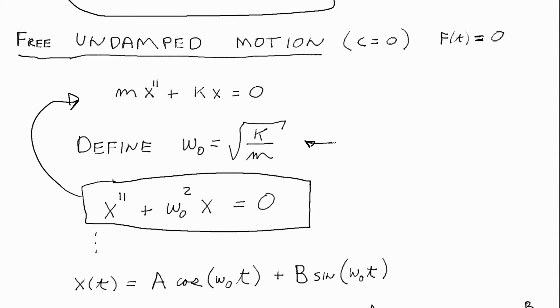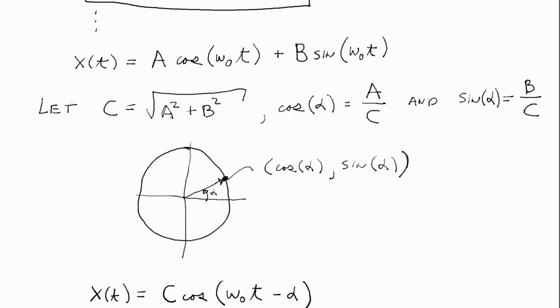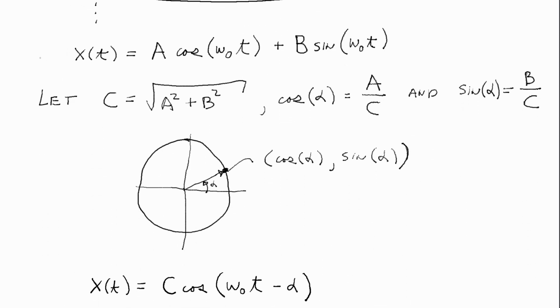All right? And then using techniques that we've studied, the solution is given by this expression here, where x of t is some constant a times the cosine of omega 0 t plus b times the sine of omega 0 t. To study the dynamics of this, we usually let c be the square root of a squared plus b squared, and we define the cosine of alpha to be a divided by c, and the sine of alpha to be b divided by c.